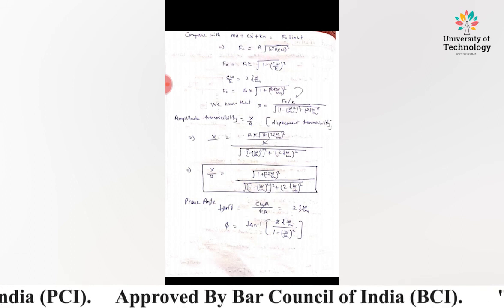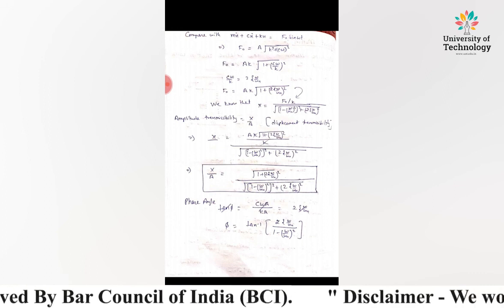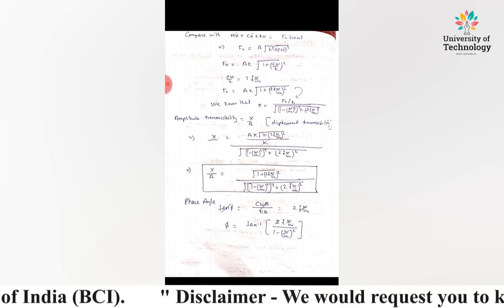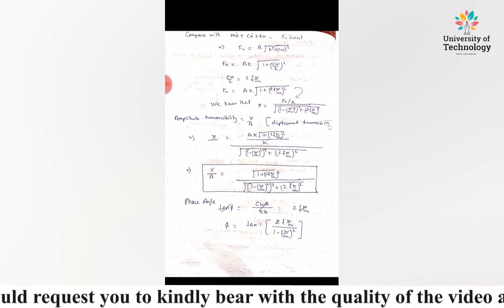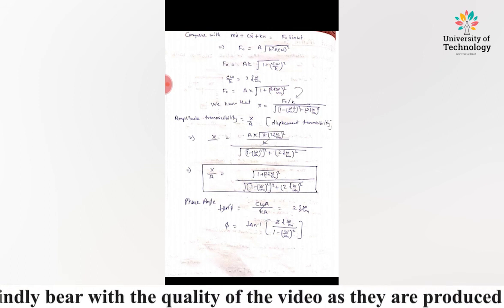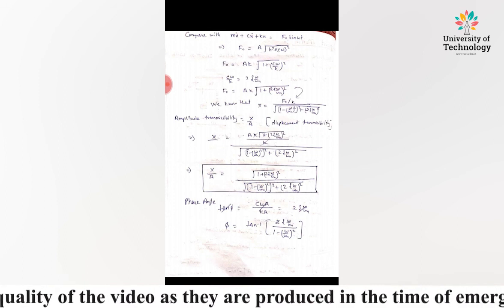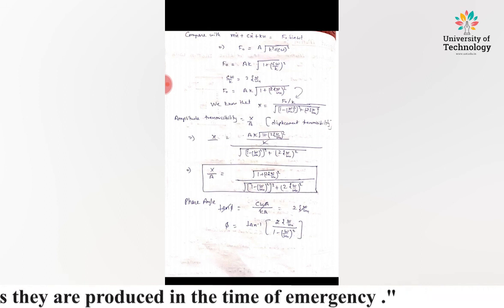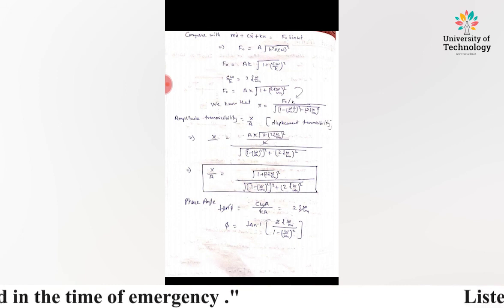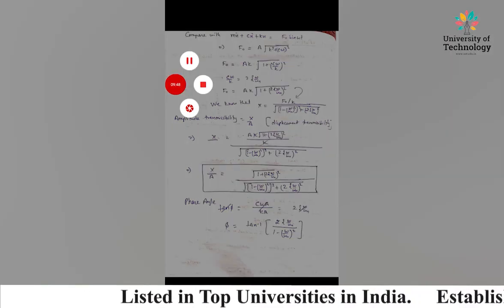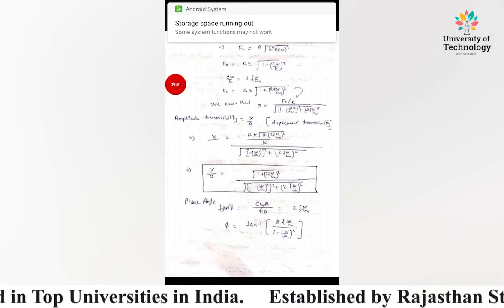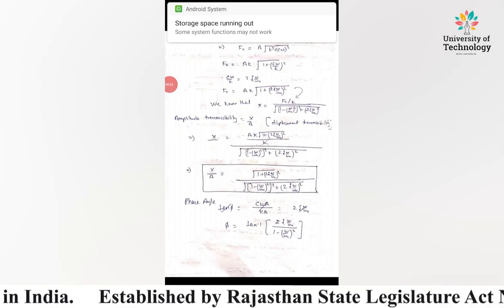Then the value of x, by putting the value of f naught in the above equation, we get x is equal to Ak times the root of 1 plus (2 zeta omega by omega n) whole square, by k upon the root of (1 minus (omega by omega n) square) whole square plus (2 zeta omega by omega n) whole square.